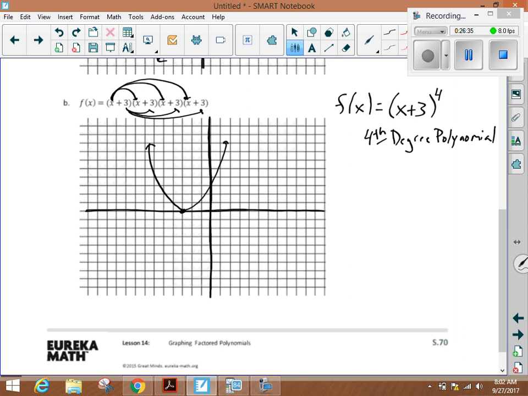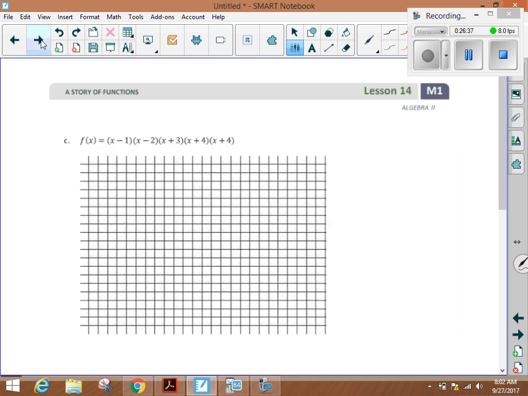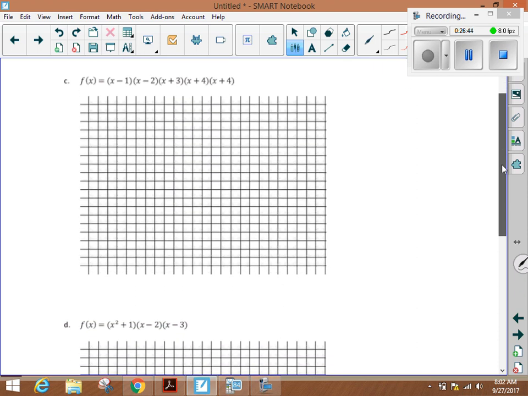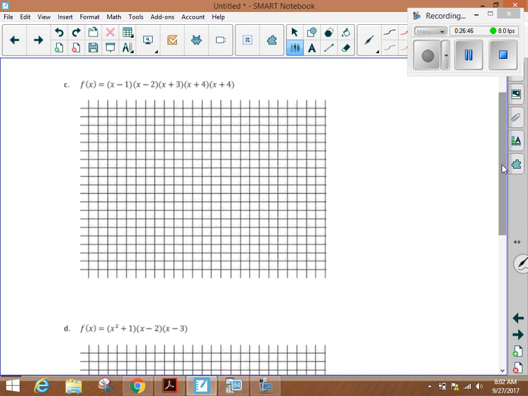Moving right along, let's do that again. That was so fun. Ooh, lots of zeros. So I'm going to rewrite this just because x plus 4 has a multiplicity of 2.